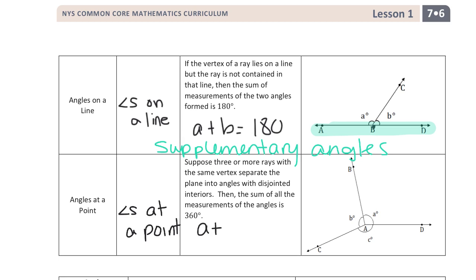So A plus B plus C equals 360. So think of your circle. Angle A, angle B, and angle C all combine to make a circle, and those have to add up to 360.